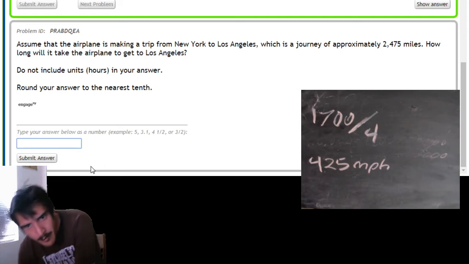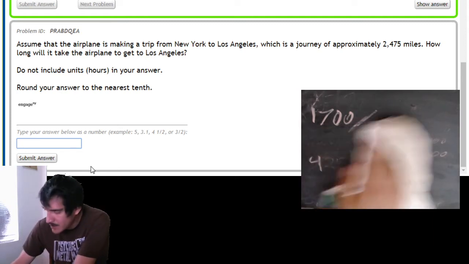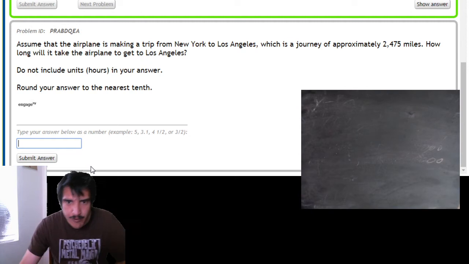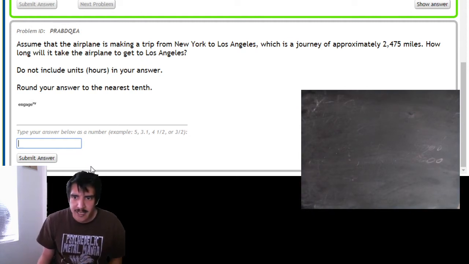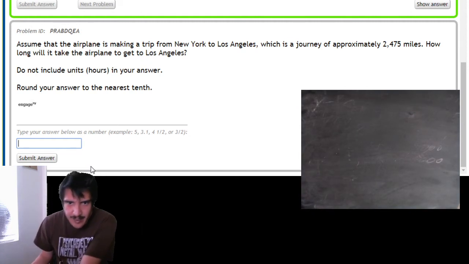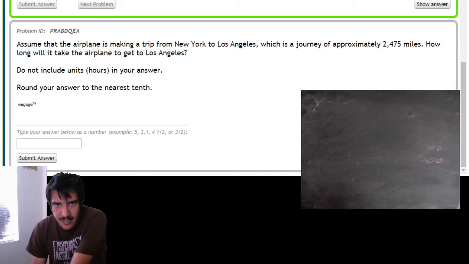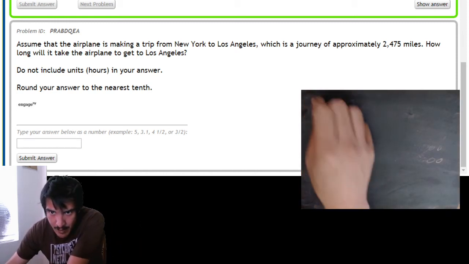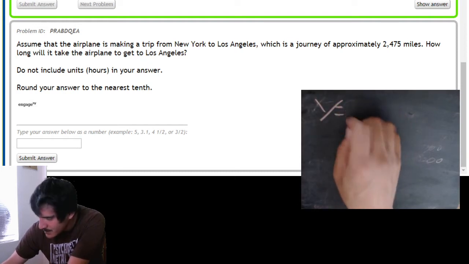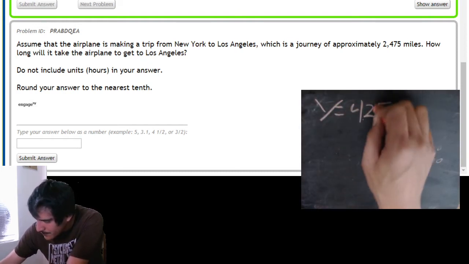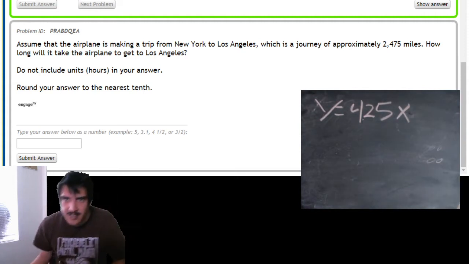Then this is another one where we have to answer the question. Assume that the plane is making a trip from New York to Los Angeles, and the journey is 2,475 miles. Let's see how long it would take us to get to Los Angeles. Well, let's write the equation. Y, so the total distance, is equal to 425 times x, right?